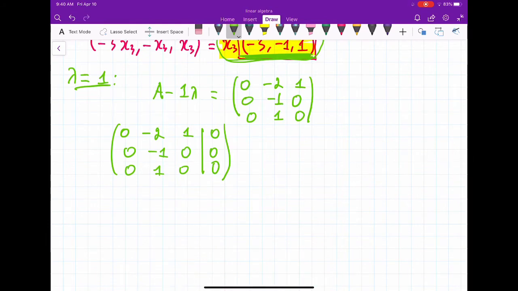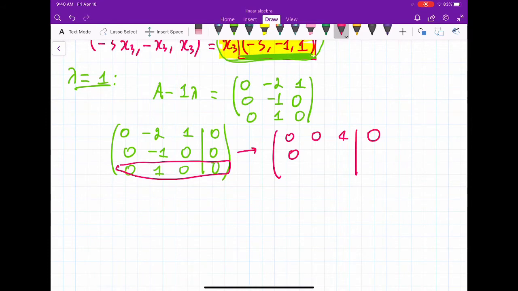The second and the third rows are scalar multiples, so I just ignore one. I multiply the second by negative 2 and add to the first. I get 0, 0 right here, and 1, 0, 0. Here I can write just 1, 0, 0. Okay, here I have 0, 0, 0, 0.